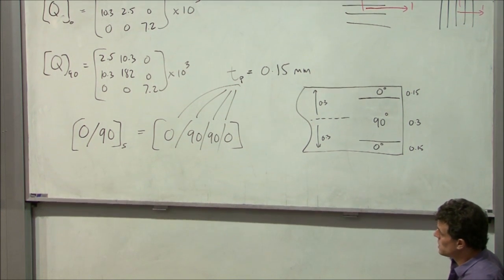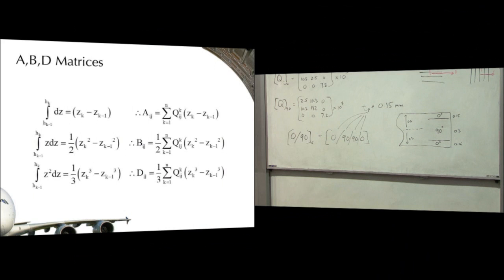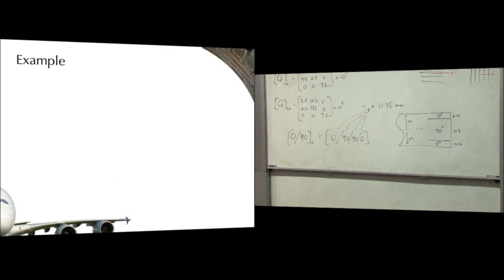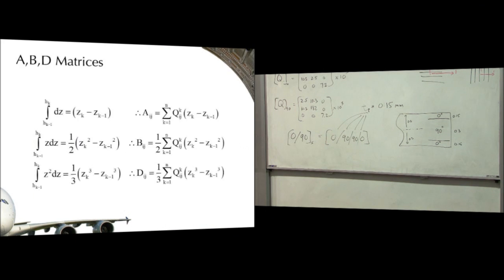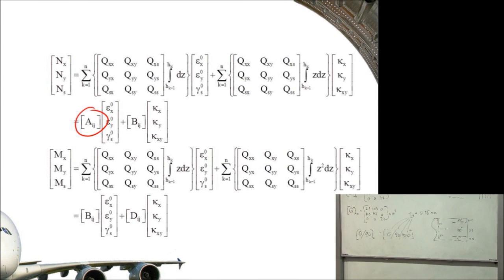Okay, so let's work out how to calculate these matrices. We'll have a closer look at this formula up here. This Aij, remembering that A is actually a matrix, I've collapsed into one term here, but it's actually this whole big thing.